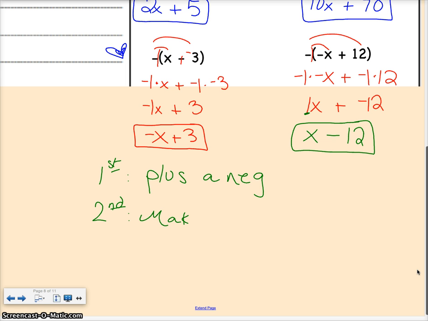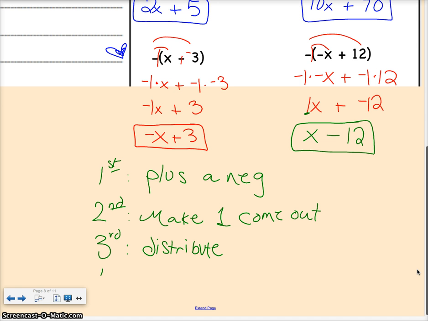And you only have to do that when there's a negative all by itself on the outside. And then the third thing you did is distribute. So that's when we multiply.